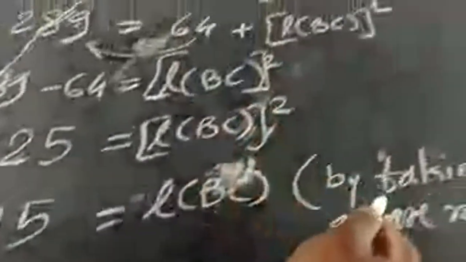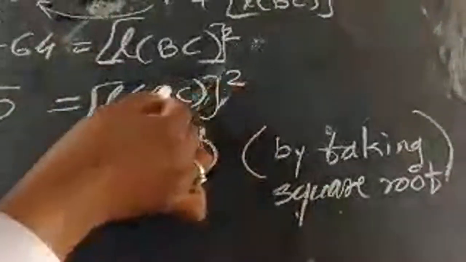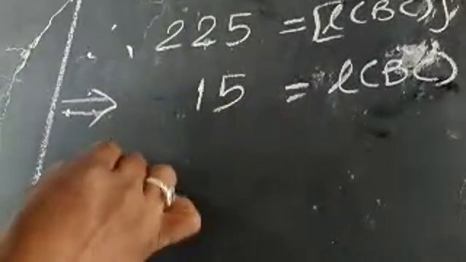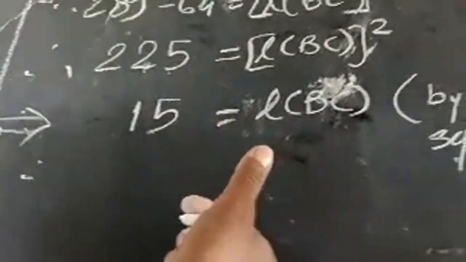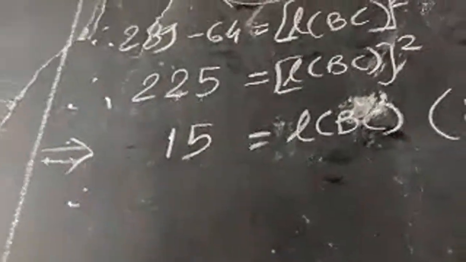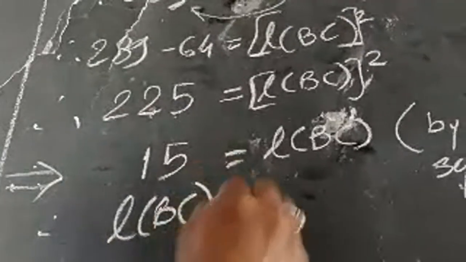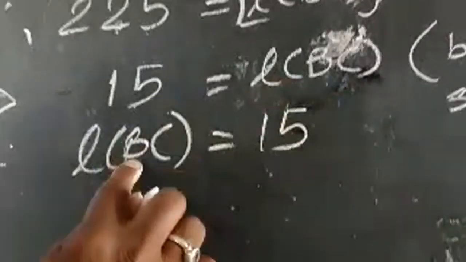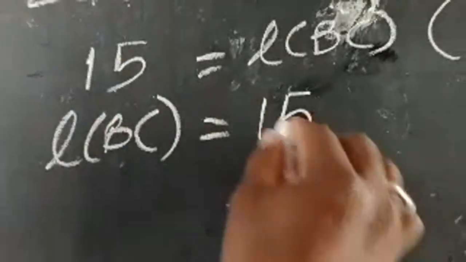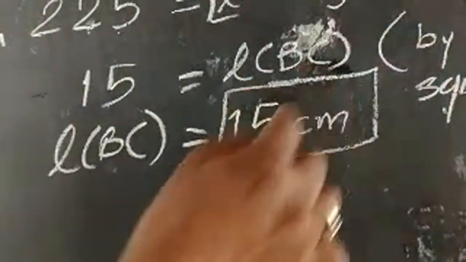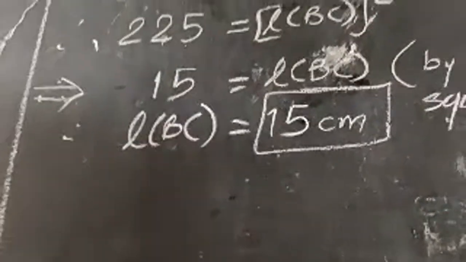The square is removed, leaving only length BC, and root of 225 is 15. Then interchange the step. It becomes length BC is equal to 15 and the unit is centimeter, and that is the last question's answer here.